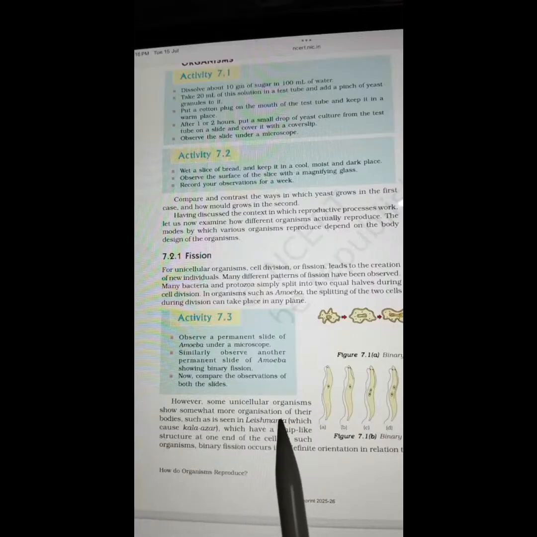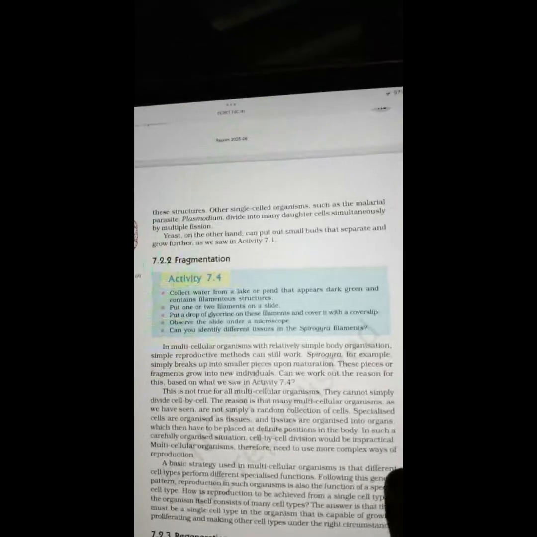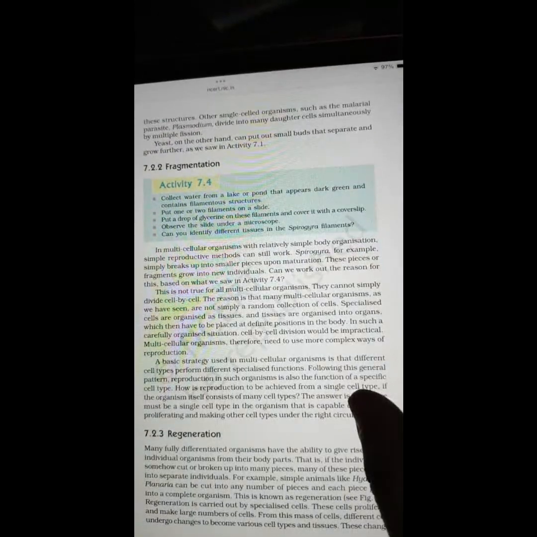However, some unicellular organisms show somewhat more organization of their bodies, such as is seen in Leishmania, which causes Kala Azar, which has a whip-like structure at one end of the cell. In such organisms, binary fission occurs in a definite orientation in relation to these structures.